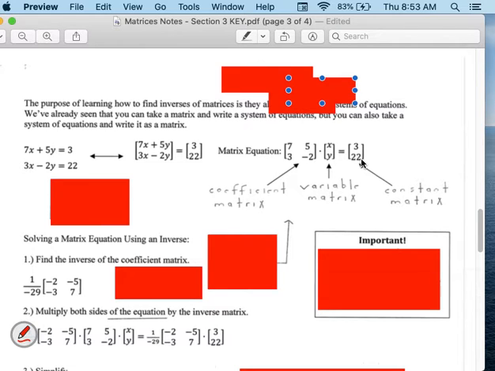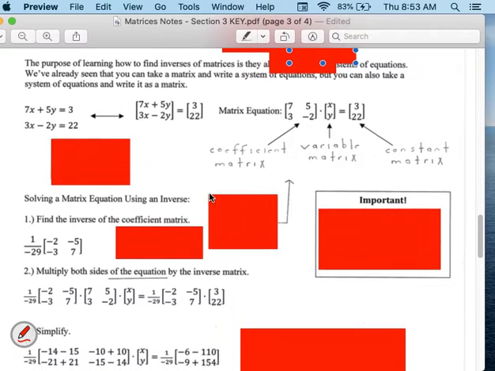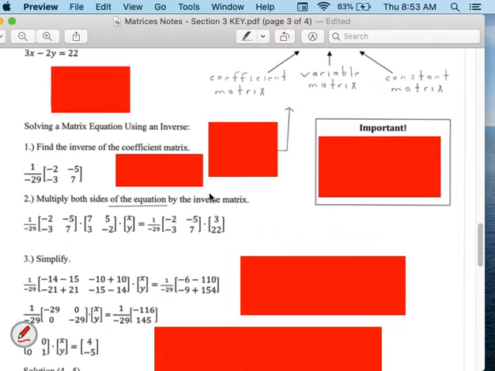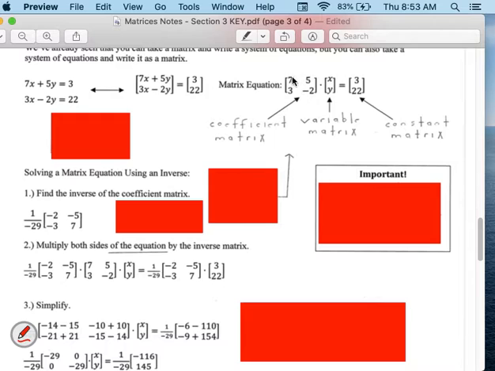So if you don't want to, not that you don't want to, but to not have to do systems of equations by elimination or substitution, you can use the inverse. Okay? So solving a matrix equation using an inverse. First of all, let's go back up to here. 7, 5, 3, -2.